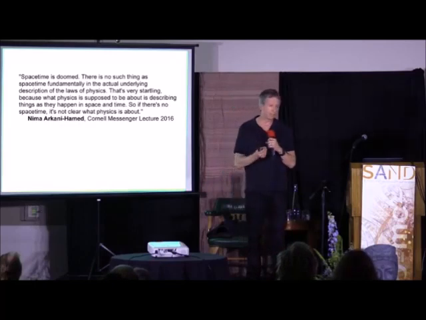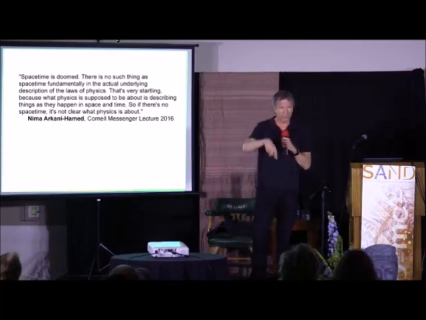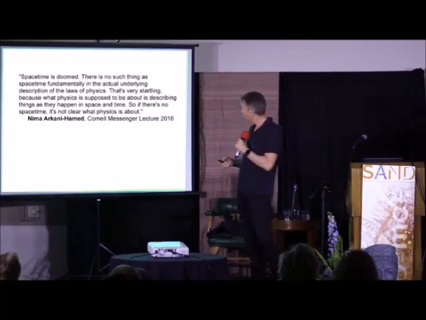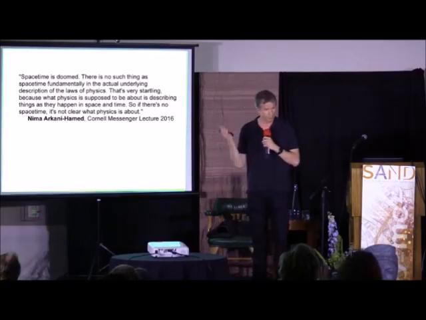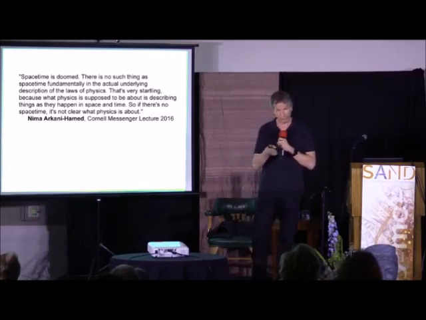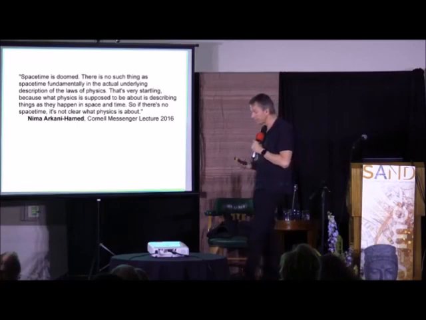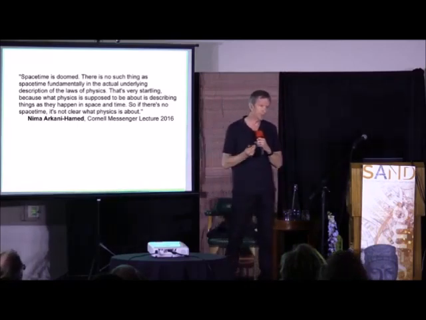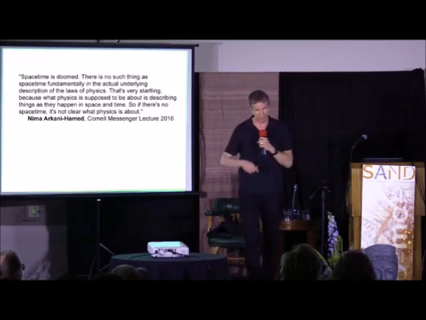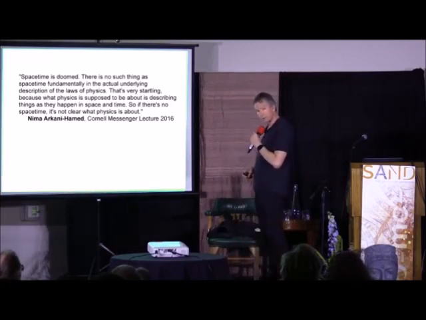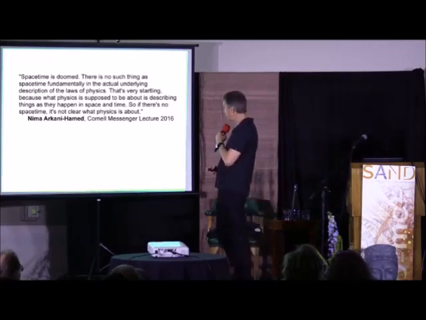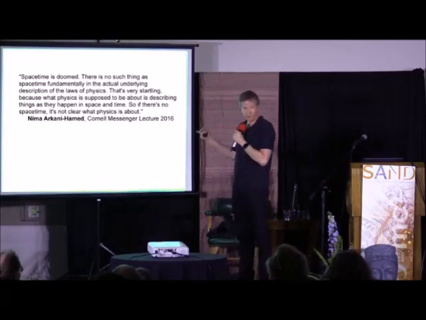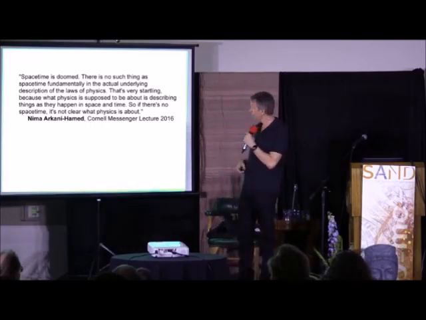And what physicists now, so I'm coming at this with my team that I mentioned. We're coming at this from the point of view of evolutionary theory, and showing that evolution shows that we don't see reality as it is, that space and time are not fundamental, physical objects are not fundamental. Physicists themselves are coming at this from a different point of view. Nima Arkani-Hamed, who is at the Institute for Advanced Study in Princeton, just this year in a lecture in the spring said, space-time is doomed.